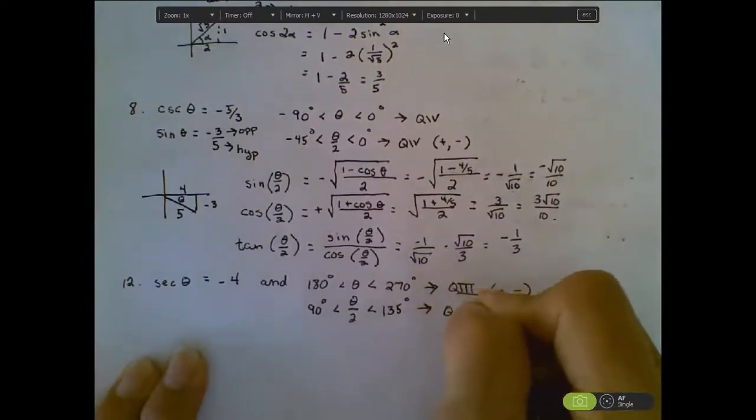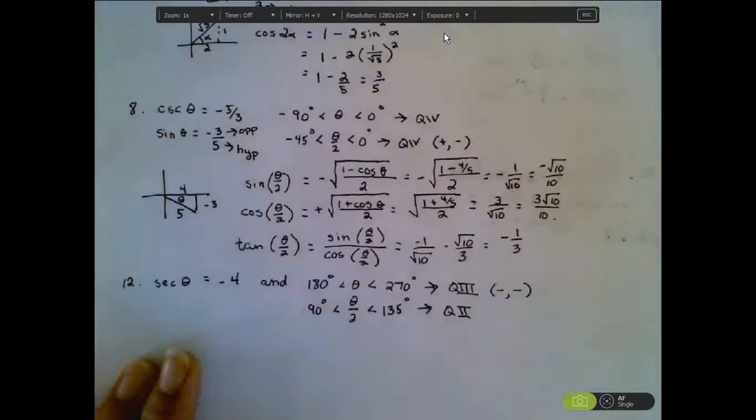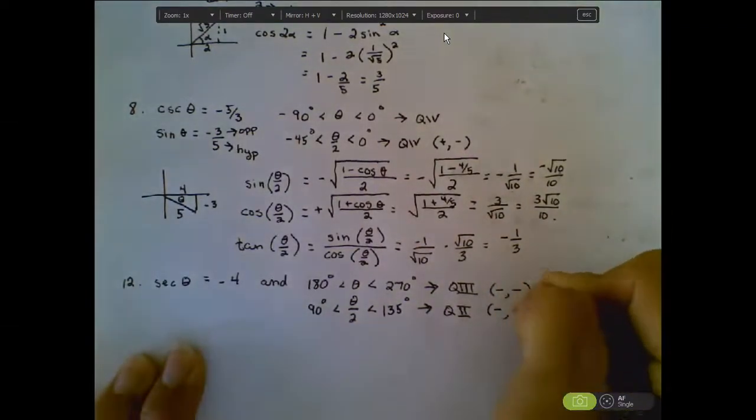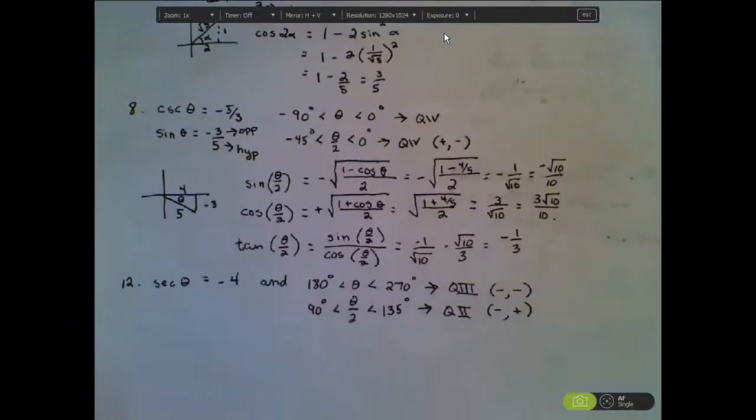It's quadrant 2. And in quadrant 2, my x's are negative, but my y's are positive. So when I use the half angle formulas, I'm going to use the negative for cosine and the positive for sine.